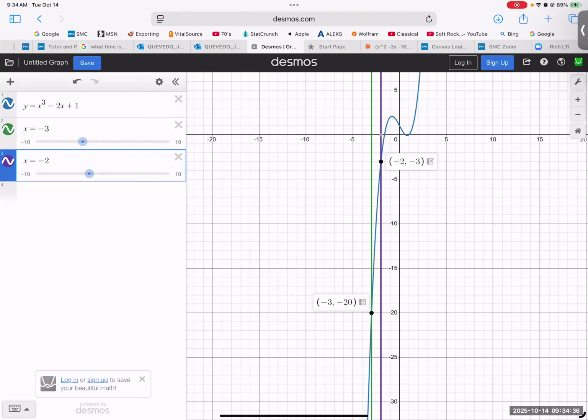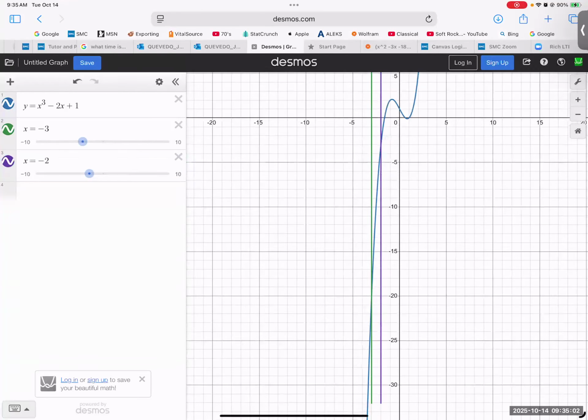And the increase in y from -20 to -3 is +17. And the delta x, or increase in x, is +1. So the average rate of change is going to be +17 over 1, which is also the slope of the secant line, which passes through these 2 points.